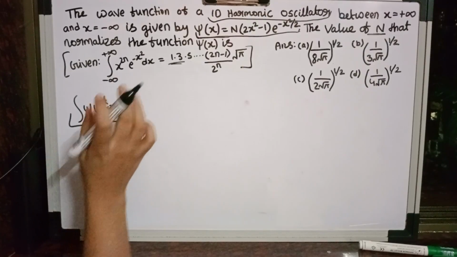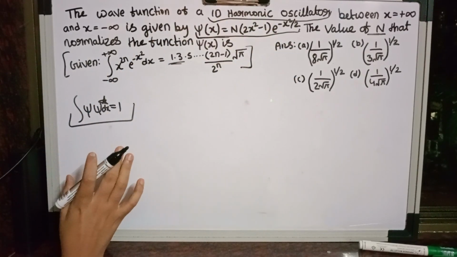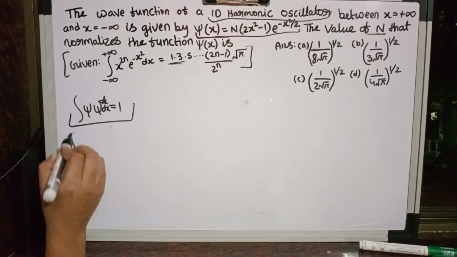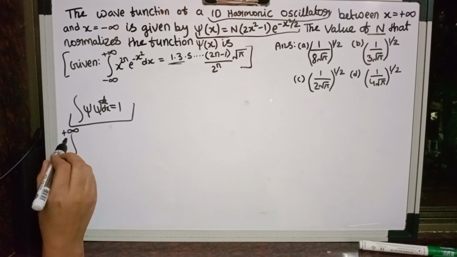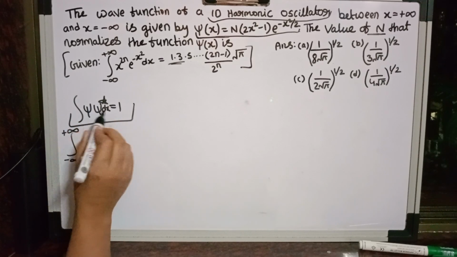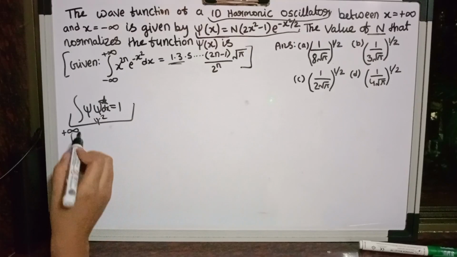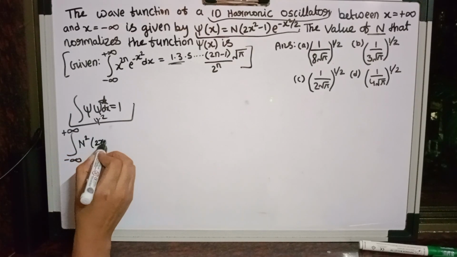So let's substitute our values. We are going to put our limits, which are minus infinity to plus infinity, and psi into psi star for this particular wave function is going to be psi square. So we are going to take the square of our wave function, which is the square of this whole thing, N into (2x² − 1) e^(−x²/2), this whole square.